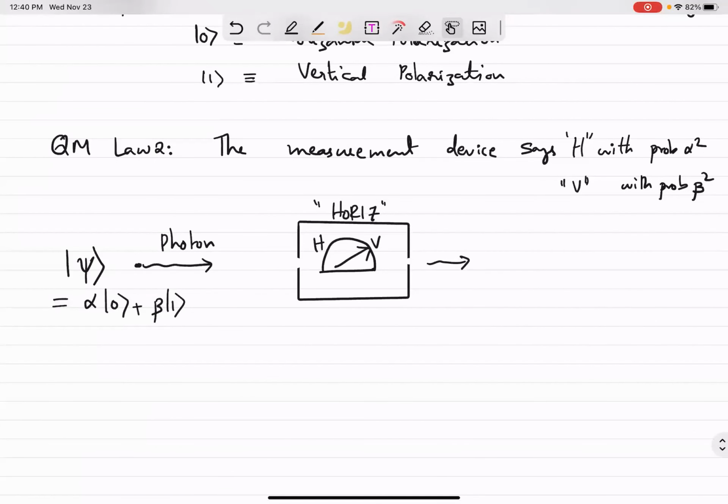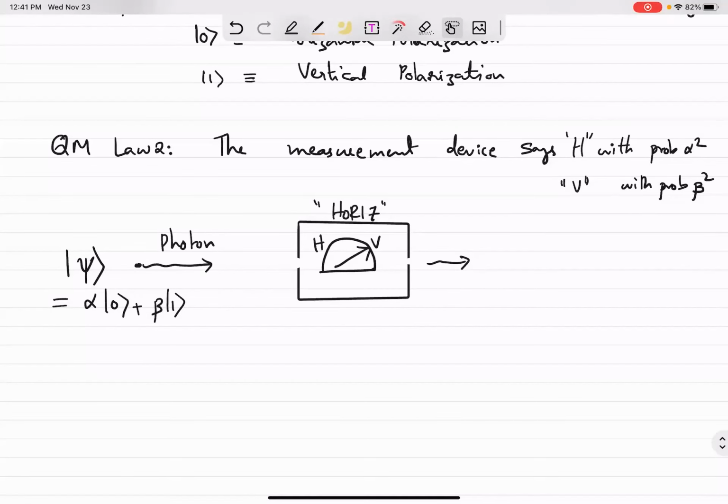What does nature actually do? When I pass it through this measurement device, it doesn't just read H and V. It also changes the state of the photon that goes in. The photon doesn't get absorbed. You can assume it gets absorbed, but actually you can build devices which do not absorb it, but kind of transform it. That's what we're going to do.